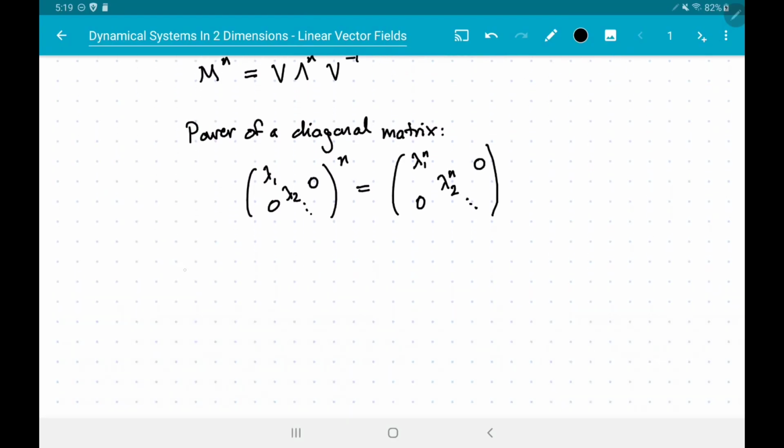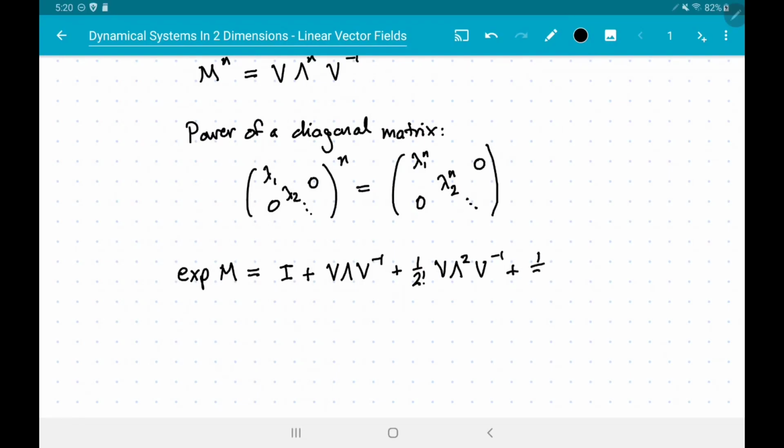Now putting all of that together, if you have this diagonal form for the matrix, you can write out the power series like this. So I plus the first order term is M, so that's V lambda V inverse. The second order term is 1 over 2 factorial V lambda squared V inverse.